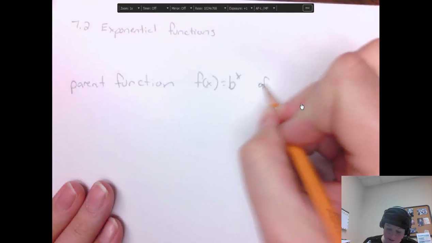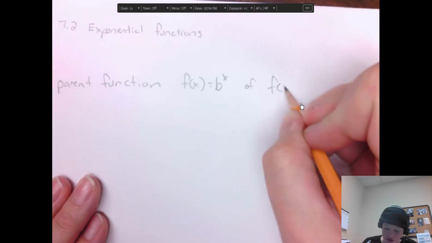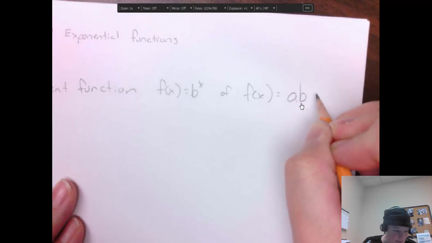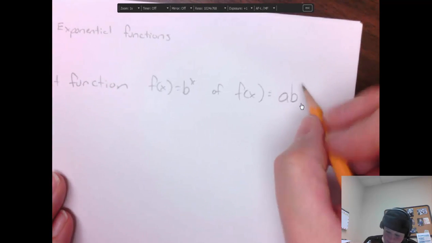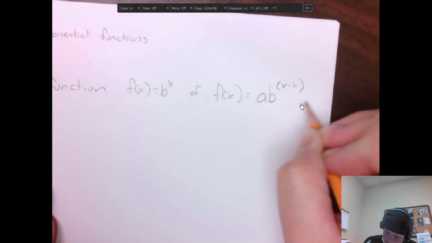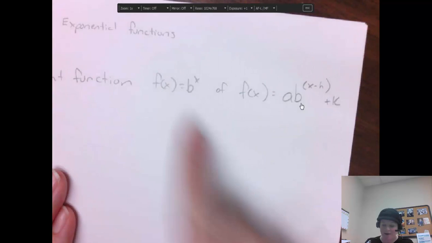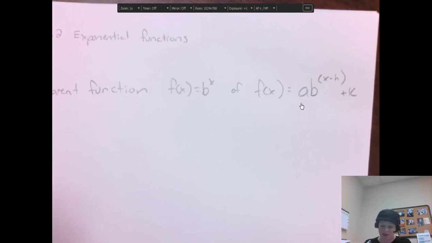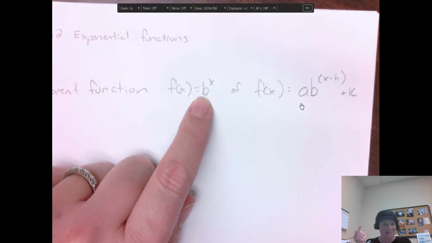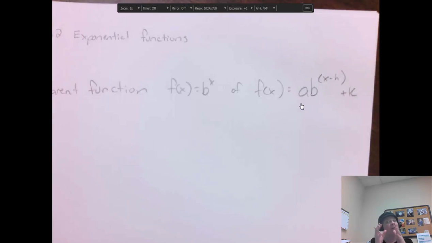For anything that you might change around, you might change it to be a times b to the x minus h, plus k. So the parent function for an exponential is whatever your base is to the x.